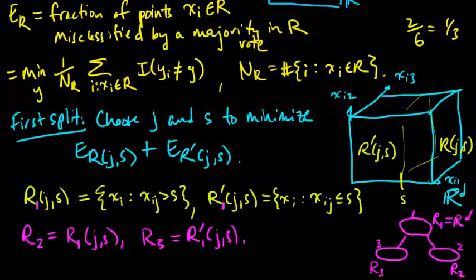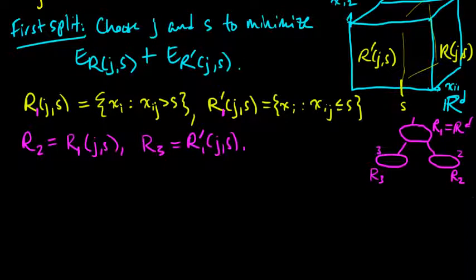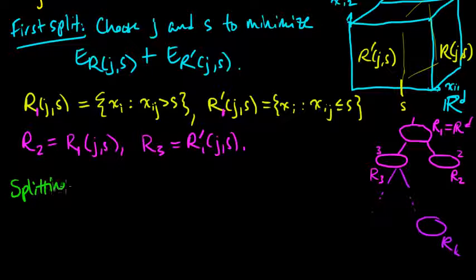And now, in general, we need to define how we're going to split at a general node. So in general, we'll be at some R_K, maybe one of these, but in general some R_K, and we need to split R_K.